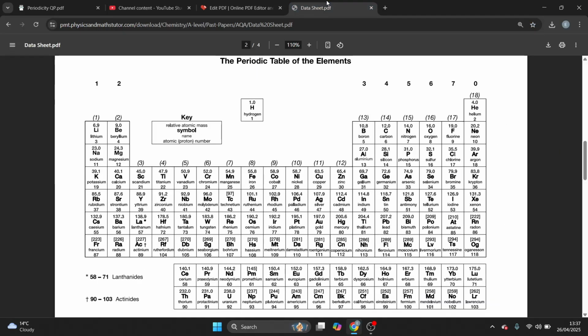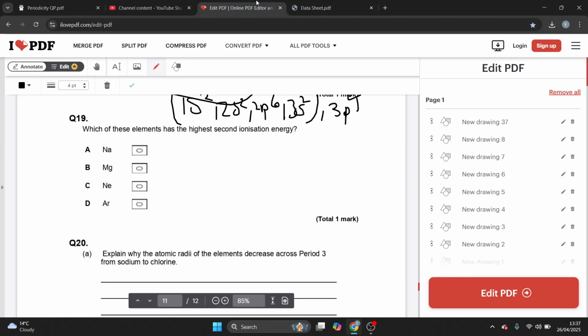Which of these elements has the highest second ionization energy? Now, sodium, magnesium, neon, or argon. They just pulled these two out of nowhere, but I'll look at these later. Sodium and magnesium. Sodium has the highest first ionization energy. No, sorry. Sodium has the lowest first ionization energy.